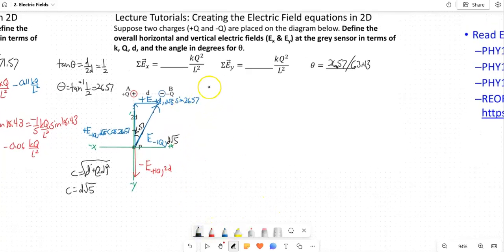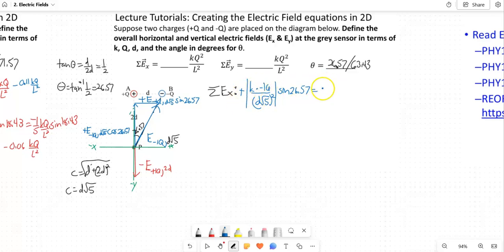Okay. So let's sum up the electric field in the x direction, which is this guy right here. Just one. It's going to be k times a negative 1q all over d square root of 5 that I'm squaring, sine of 26.57. Okay.